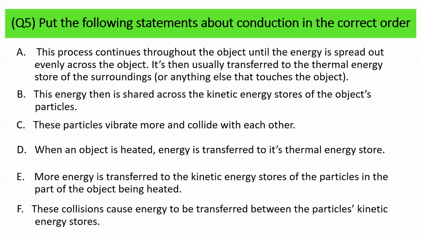So put the following statements about conduction in the correct order. I'd like you to pause your video for this one and take your time over it. You don't need to write out every sentence. You just need to write A, B, C, D, E, and F in the correct order. When you're happy with your answer, press play.